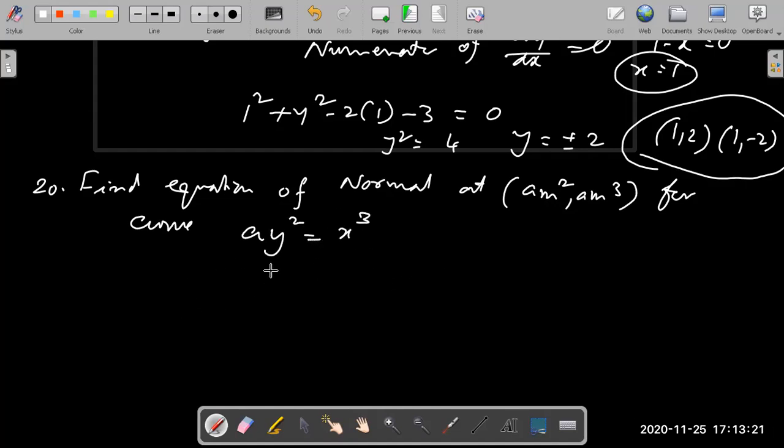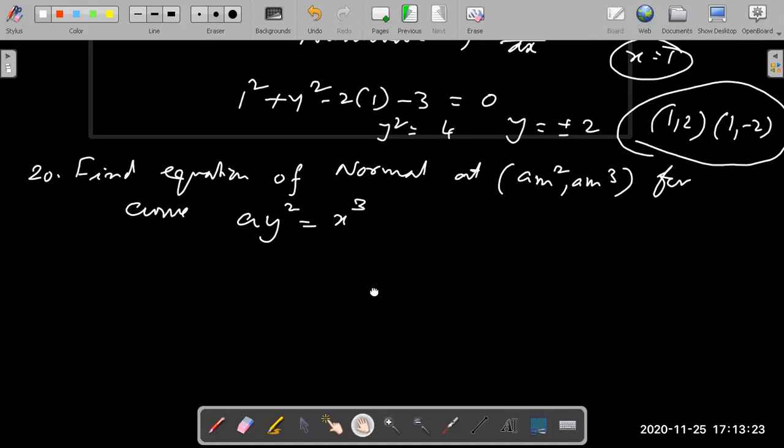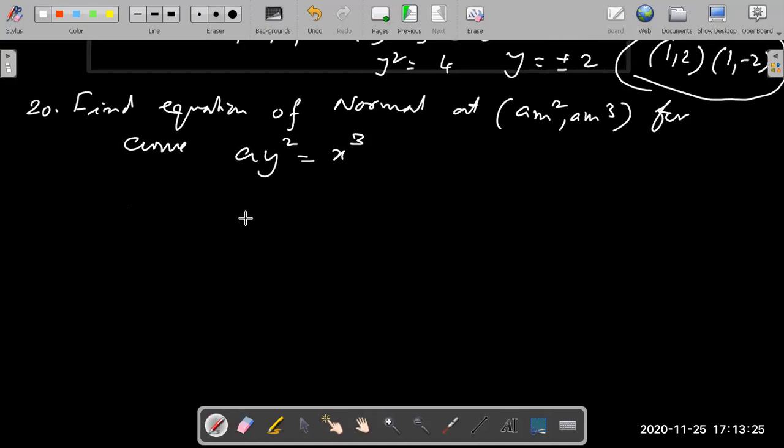So this is the curve, and I need to find the equation of a normal. So I need to get the slope of the tangent and slope of the normal. So differentiate.